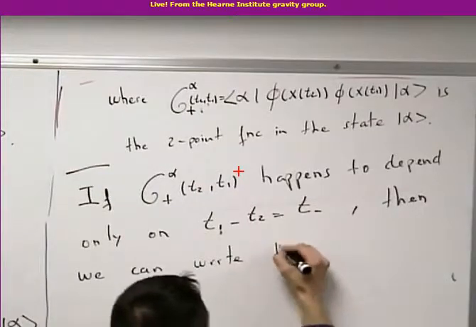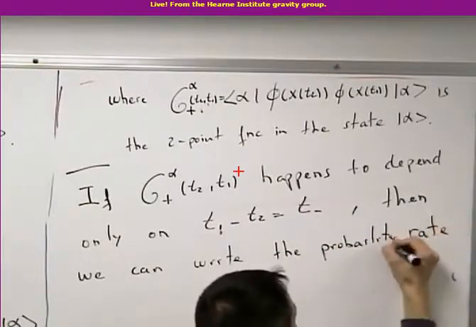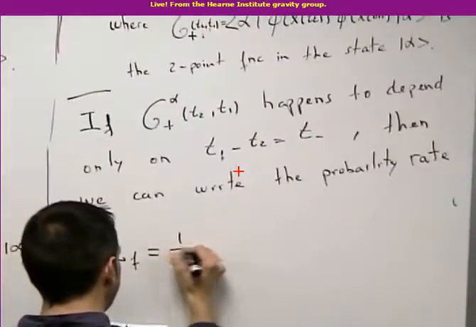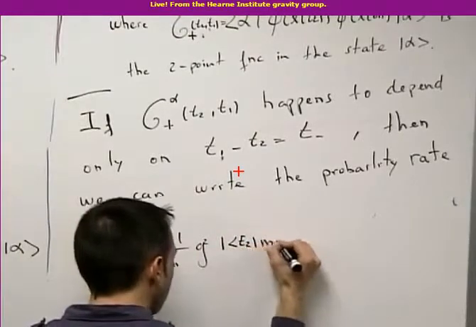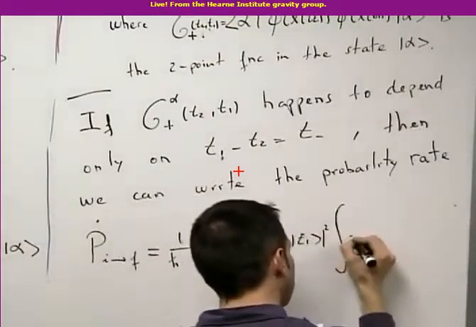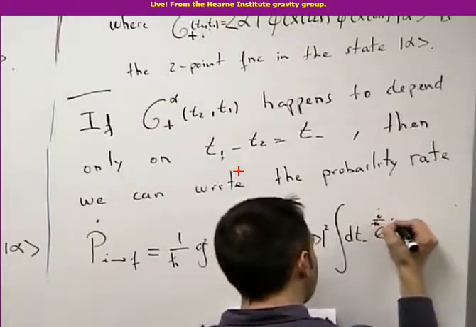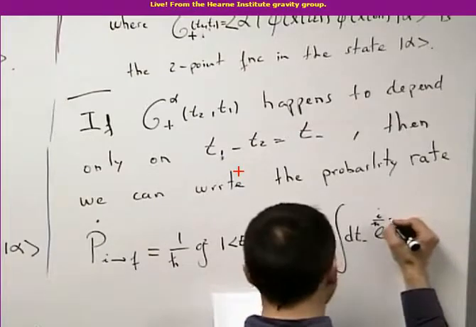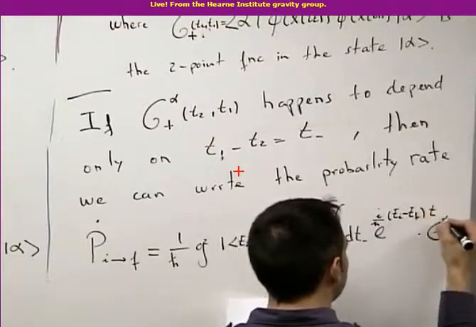We can write the probability rate, so we can divide by the integral in T plus, and this is going to be the integral in t minus of e to the i over h bar, E initial minus E final, t minus, times G alpha of t minus.